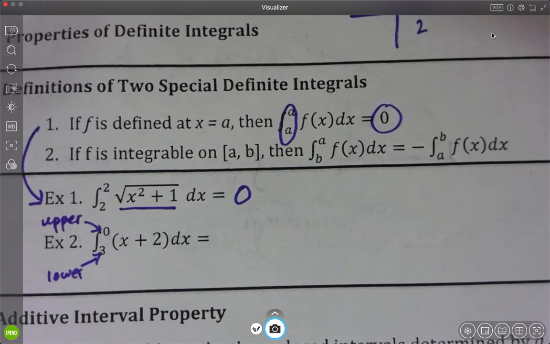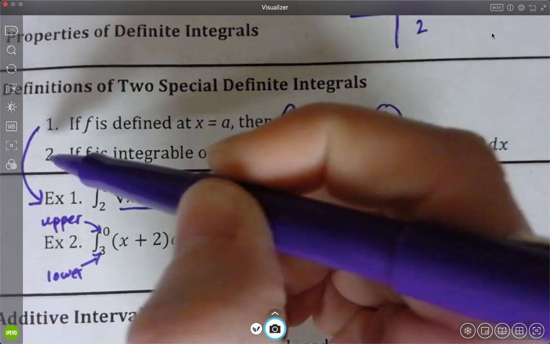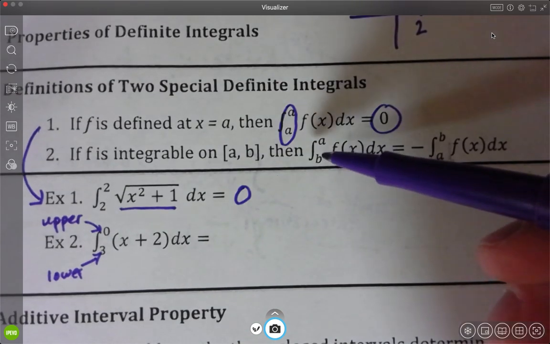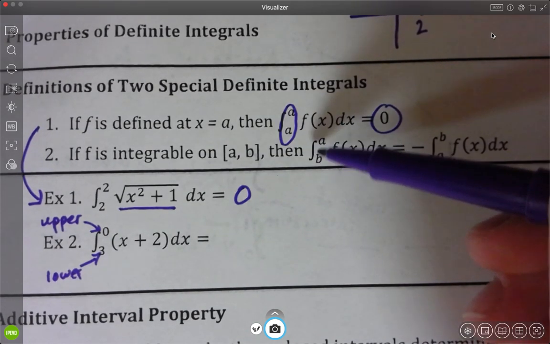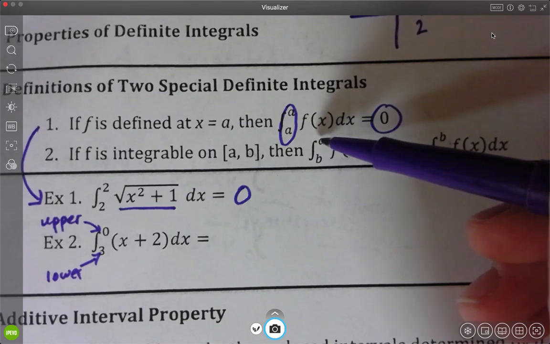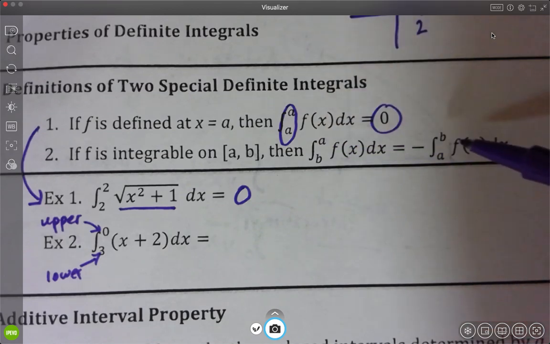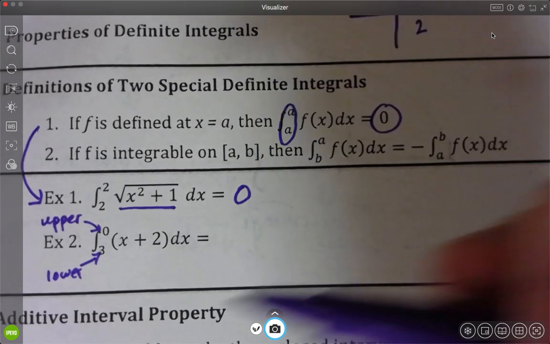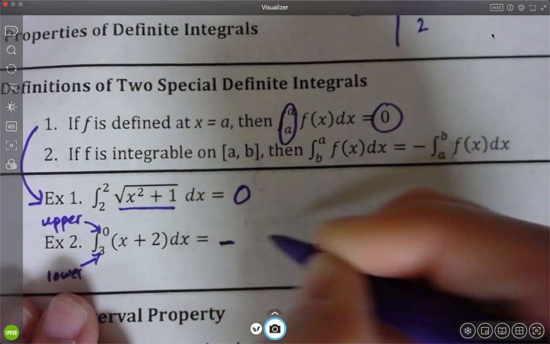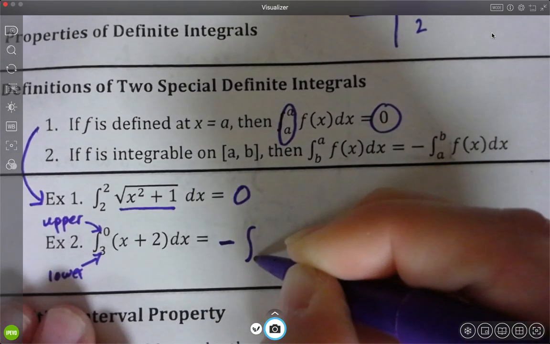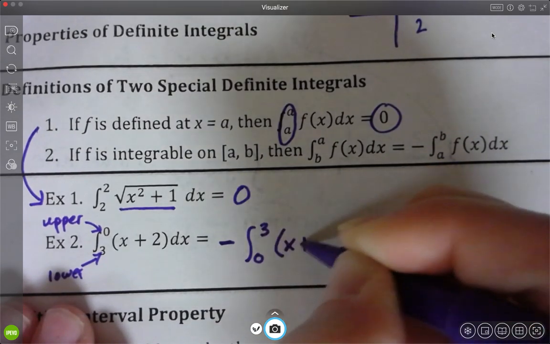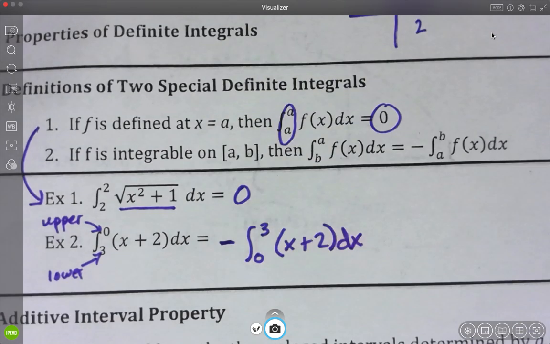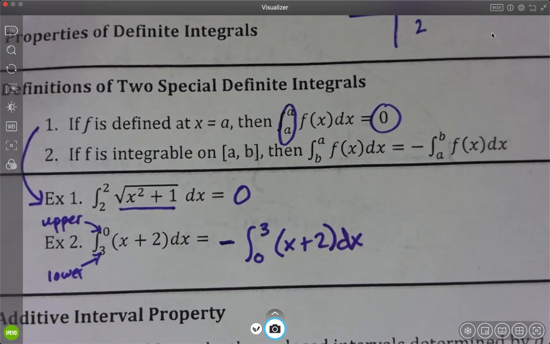So the second property says that if you are going from B to A, you can flip those two numbers around and then make that area negative. So this would be the same thing as the negative of the area from 0 to 3 of x plus 2 dx. Same thing, but the area is just negative now, and I'm going from 0 to 3 like we would normally do. That's what the second property says.